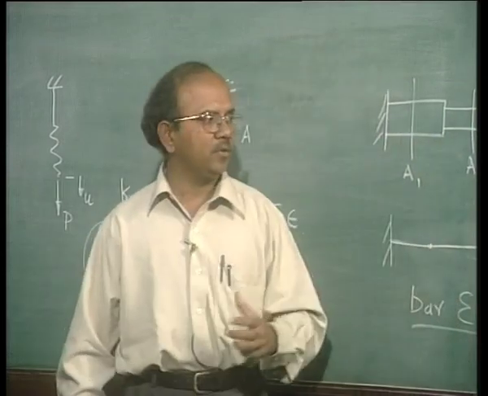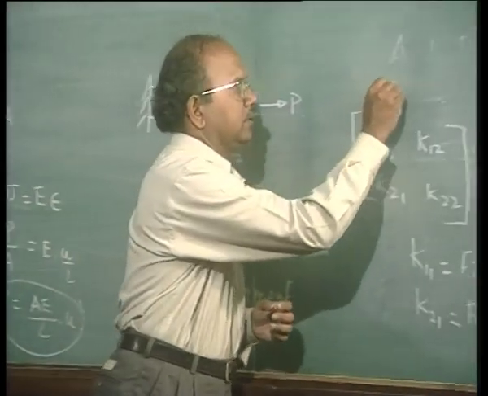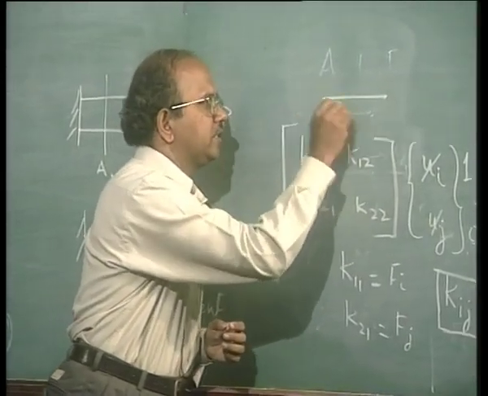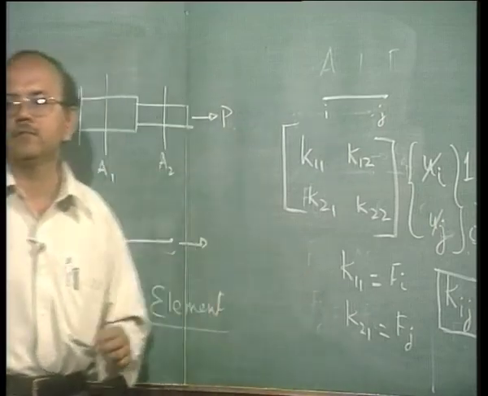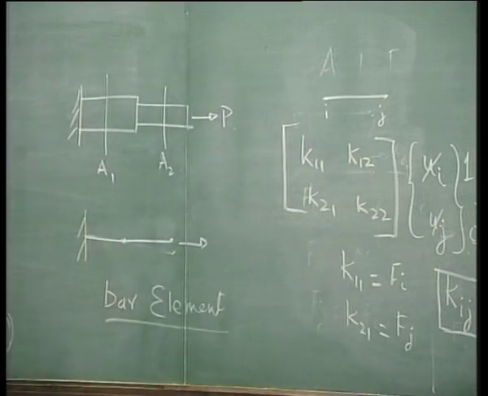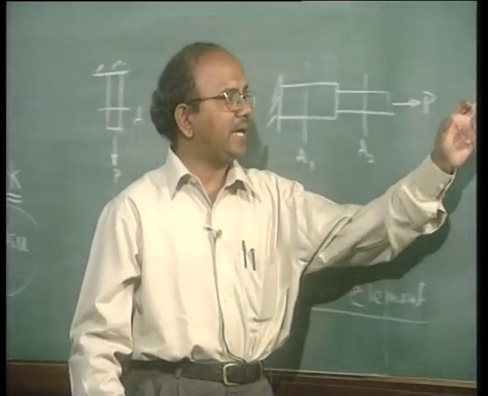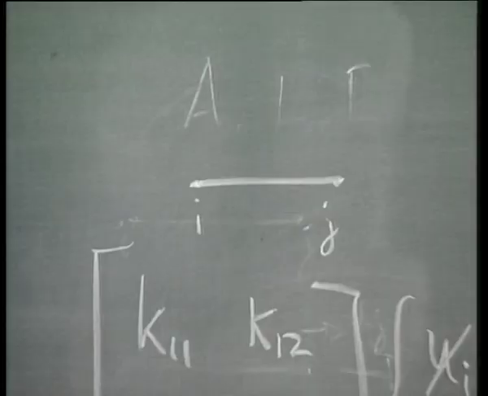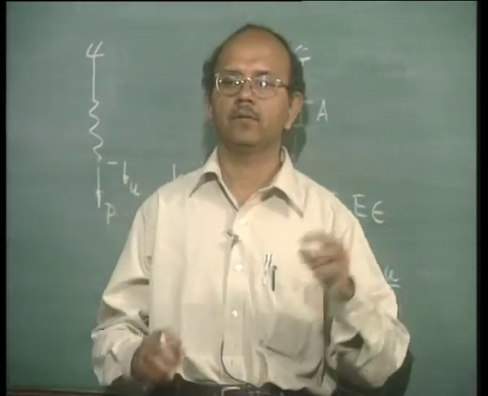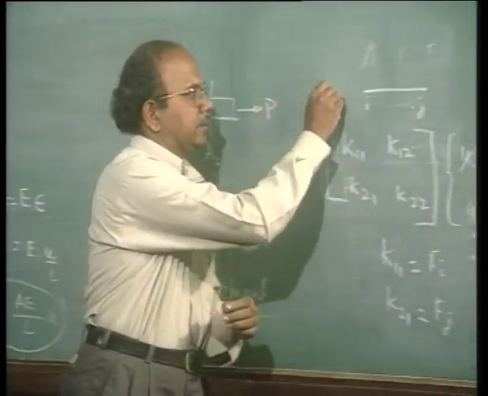This particular bar which we considered as i and j has how many degrees of freedom? 2 degrees of freedom. In other words, i and j, whose displacements are ui and uj, give the freedom for this bar to be displaced in the x direction.